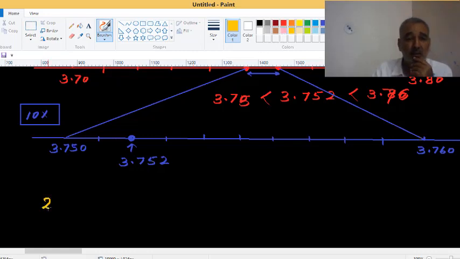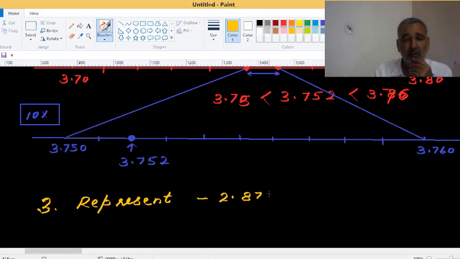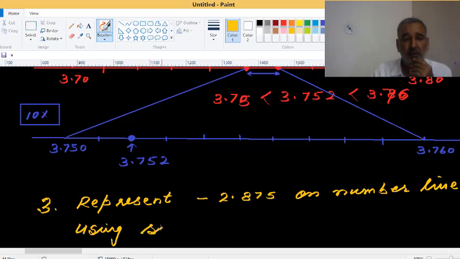Your second question, third question, you have to practice this. Represent minus 2.875 on number line using successive magnification.